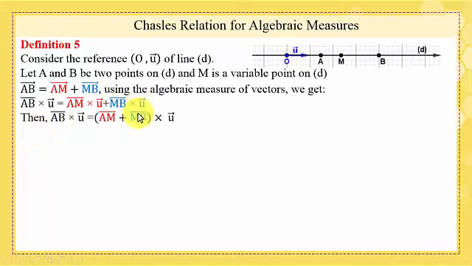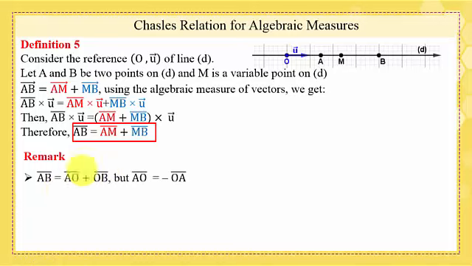And if we take a common vector U here, we get AB bar times U equals (AM bar plus MB bar) times vector U. And since vector U is a non-zero vector, we get that AB bar equals AM bar plus MB bar, if we simplify U here and there.